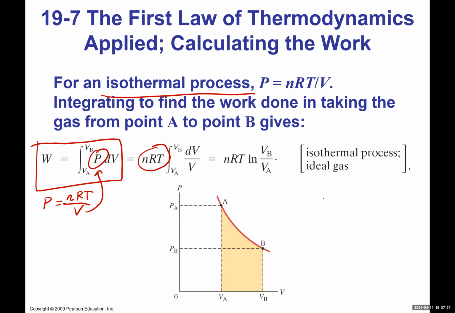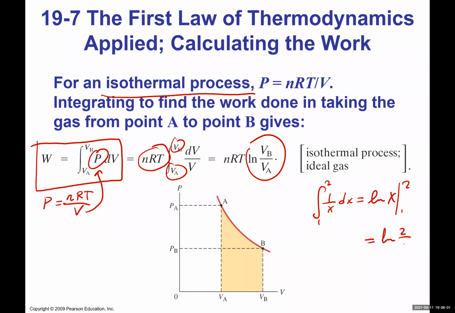dV over V, if you hopefully remember, is like 1 over x dx. The integral of that is just going to be ln of x. So we get ln, and since VA and VB are the limits of our integral, we get ln of VB over VA.